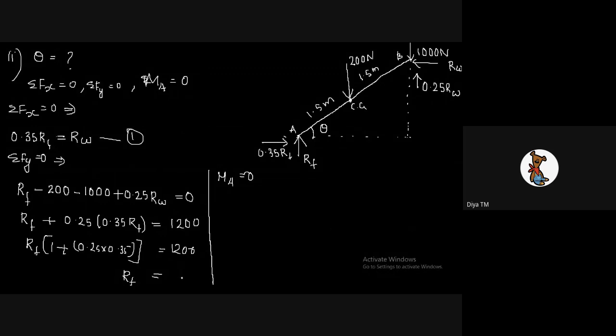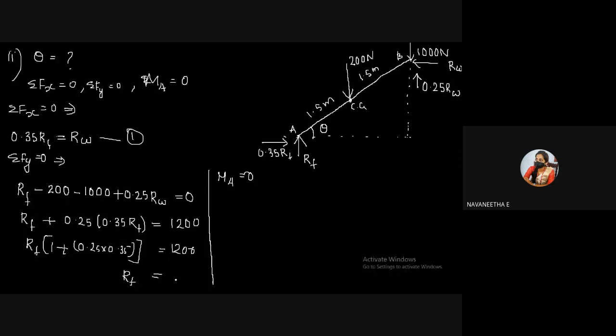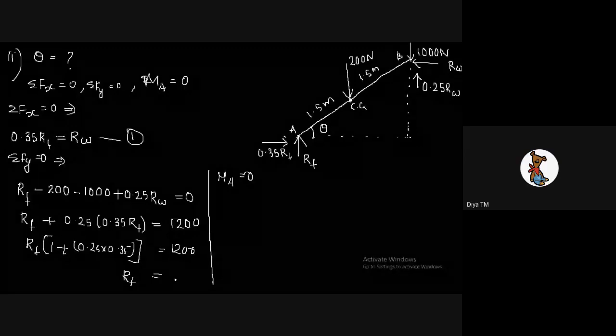1103.53. Okay, let me check. Okay, 1103.53. Then we are applying this value in the first equation. You can find out the value for RW, right?